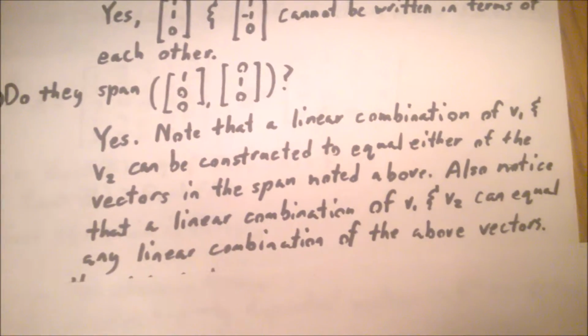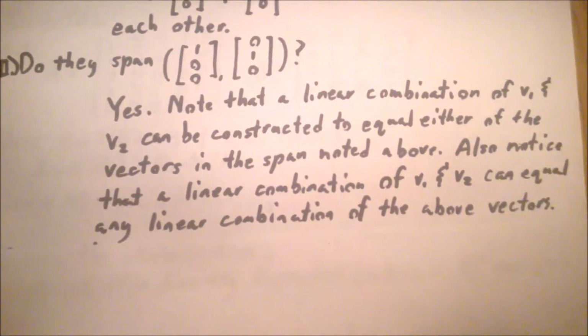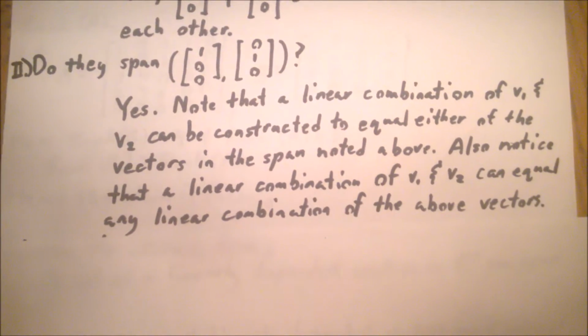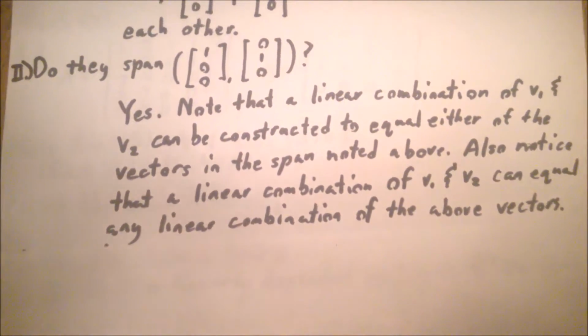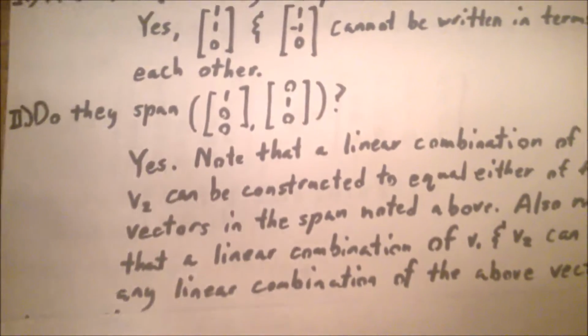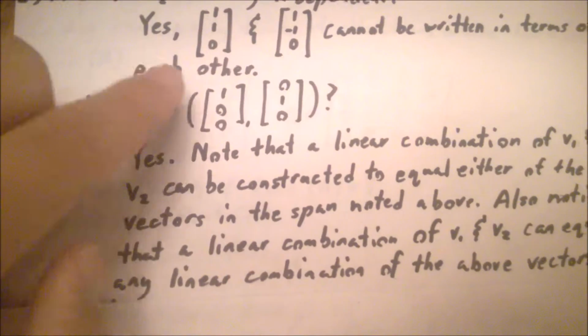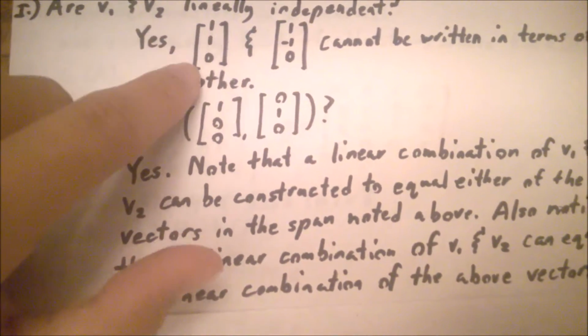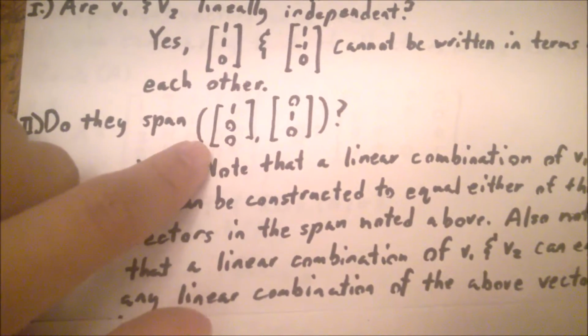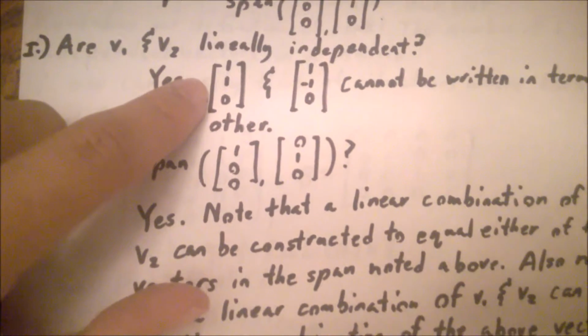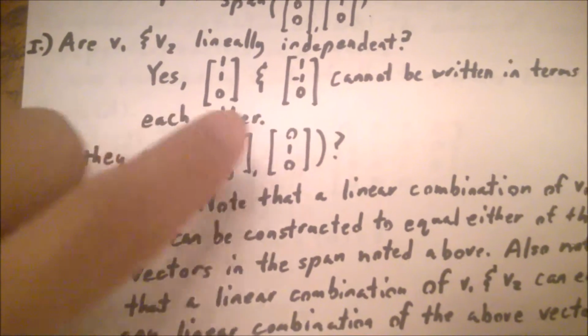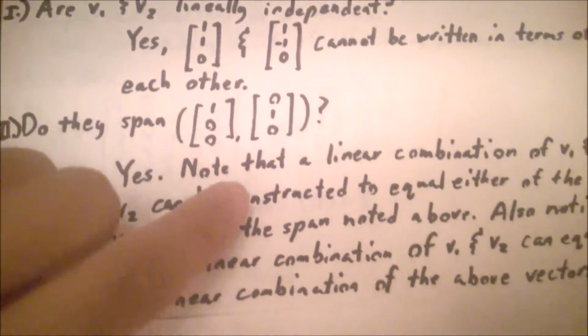Note that the linear combination of v1 and v2 can be constructed to equal either of these two vectors. So for example, we could add these two together to equal this vector. Or we could take the negative of this vector and the negative of this vector and produce this vector.